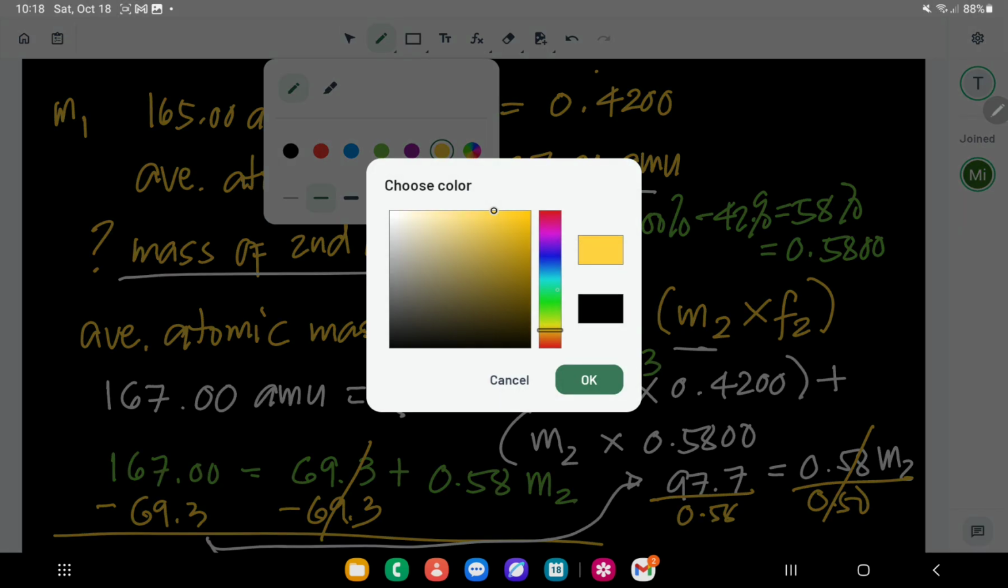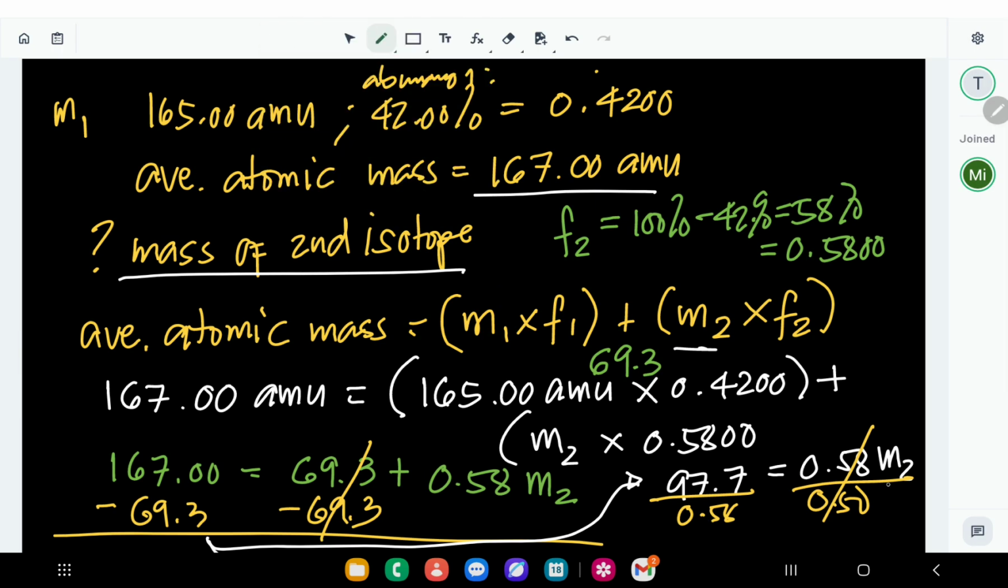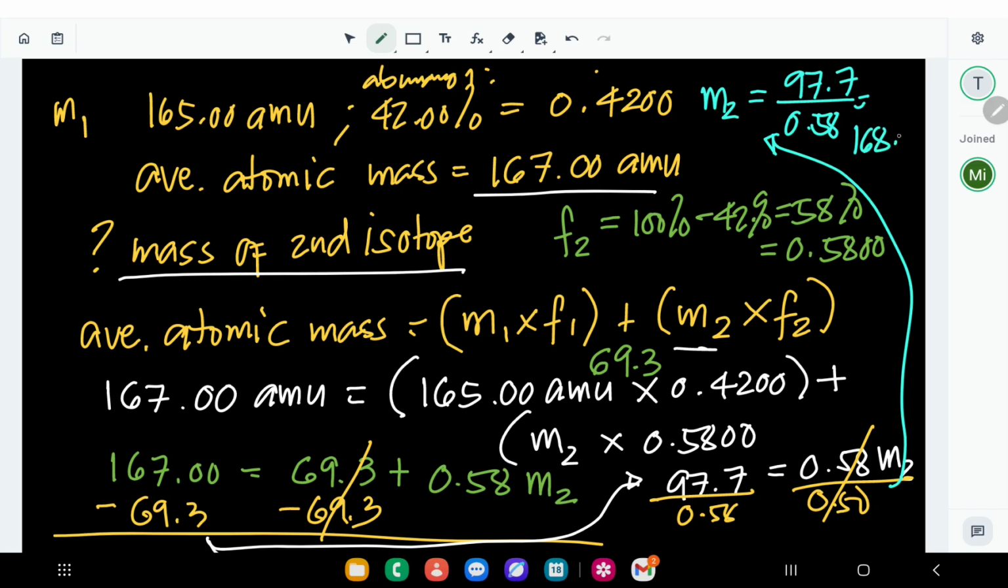So m sub 2, the mass of the second isotope, is just 97.7 over 0.58. Dividing by 0.58, I got 168.45 AMU. What did you get?